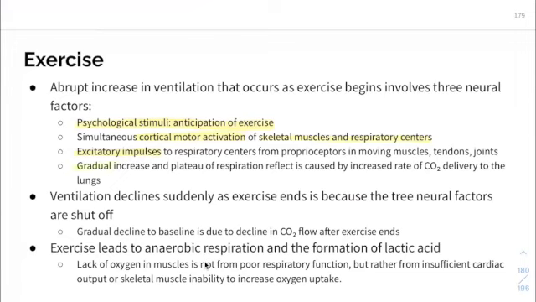It starts as a gradual increase, but then we hit a plateau. That plateau means we're just not going to go any higher. And that plateau is because we're getting that carbon dioxide delivered out to the lungs.